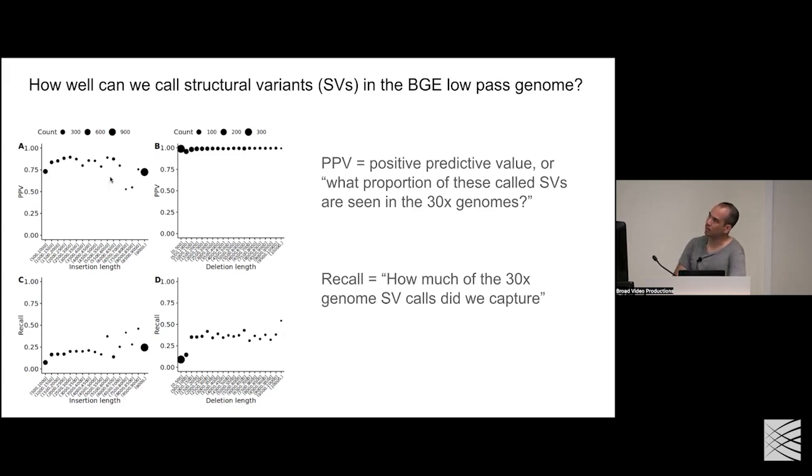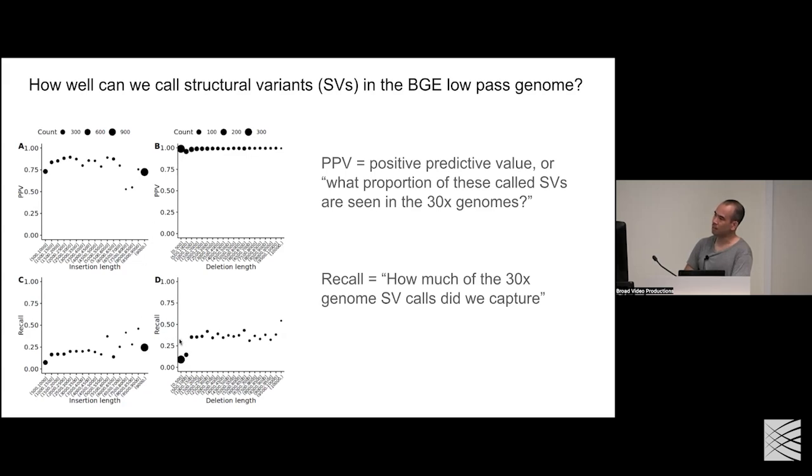And what you see is that as you get to a certain length, the structural variants you call do actually pretty well, in particular for deletions. Anything even in this 0 to 500 base pair range, you're doing pretty well. The deletions you're calling are deletions that we're also seeing in deep whole genomes.